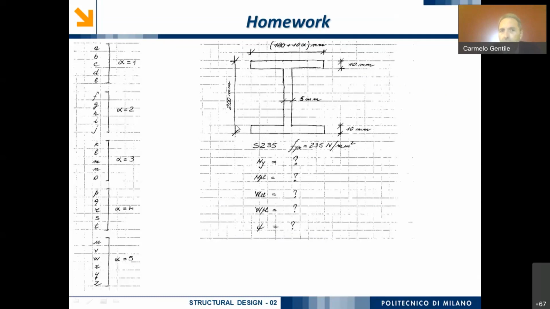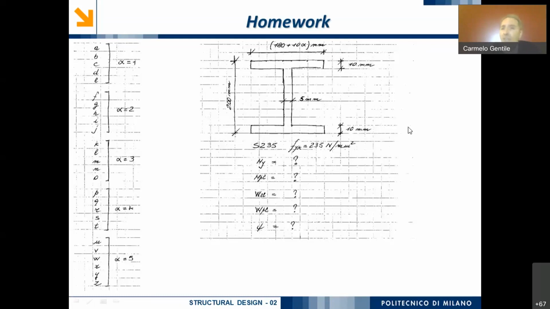The height of the I-beam is equal to 200 millimeters, but the width of the flanges is equal to 108 plus 10 times alpha, and alpha again depends on the first letter of your first name.